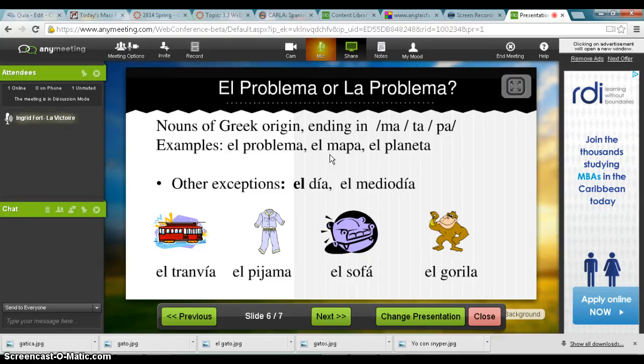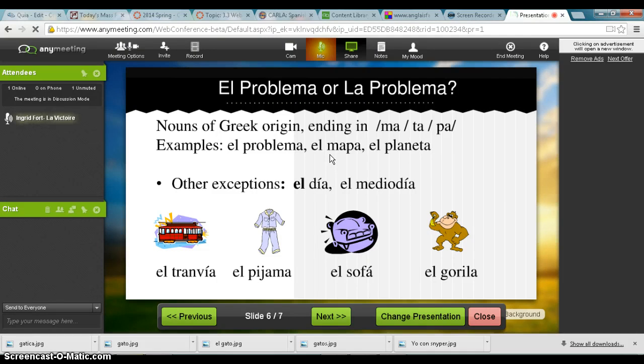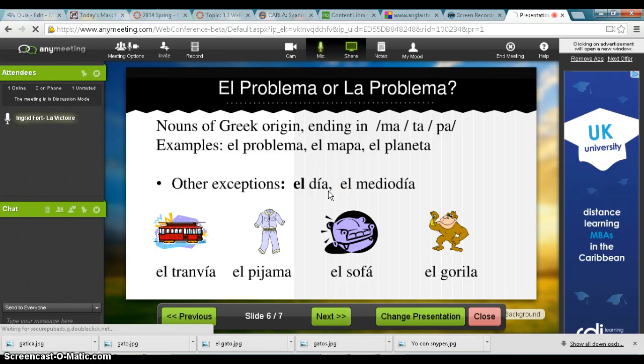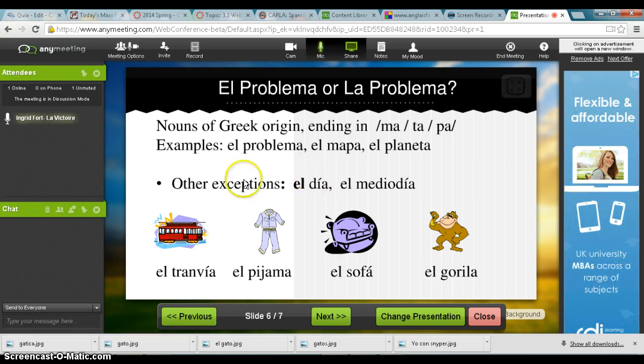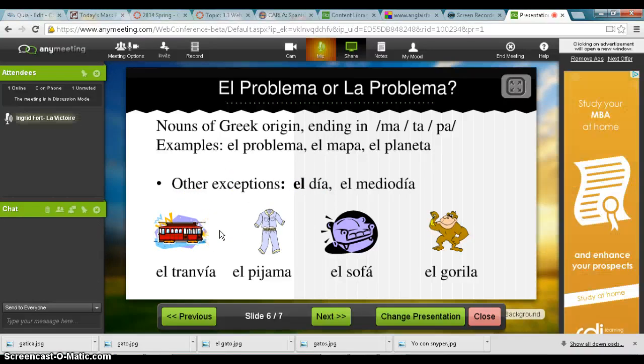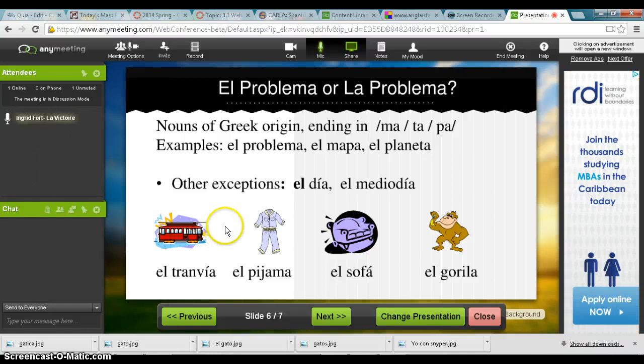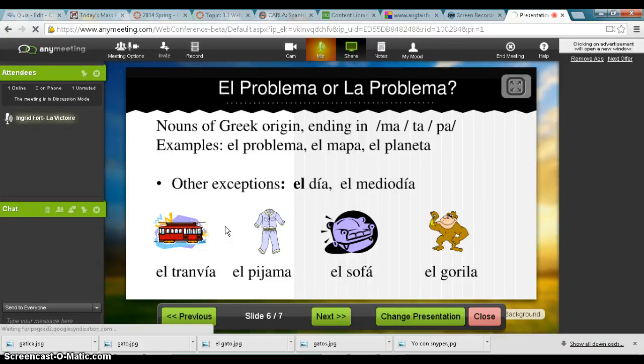Other exceptions, el día, el mediodía. They end in A, but they take the masculine article el. We have other words like el tranvía, el pijama, el sofá, el gorila.